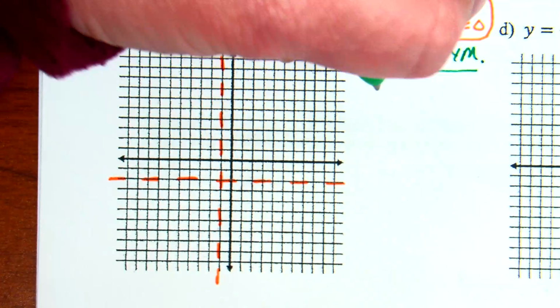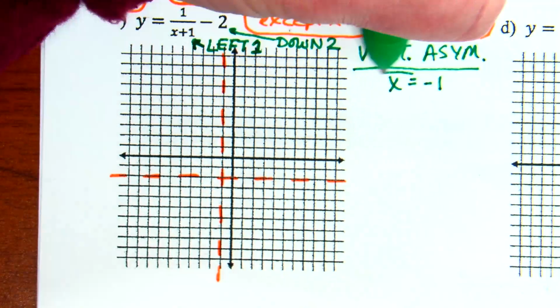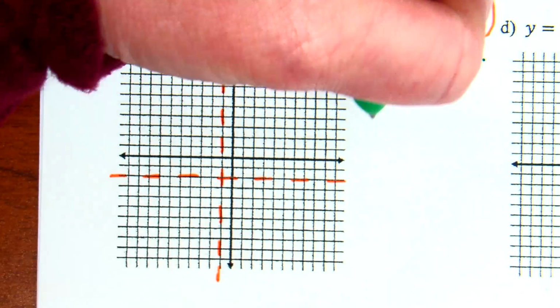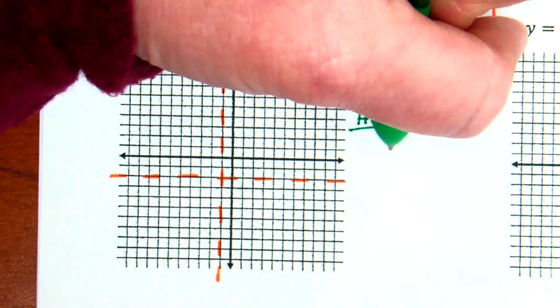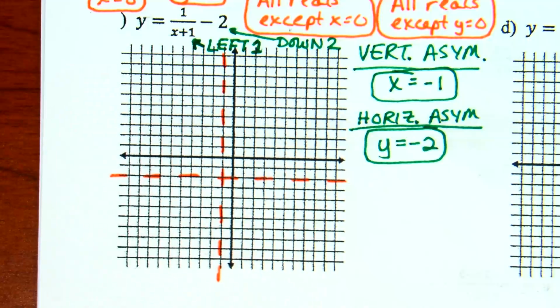Or it's x equals, how far left or right did my graph move? -1. Horizontal asymptote. Normally at 0, where did we take it? Down 2. It crosses through the y-axis, so we're going to say y equals -2. So there you've already got your asymptotes out of the way.